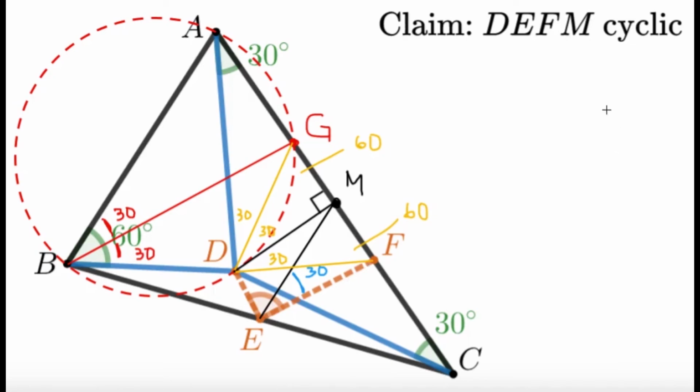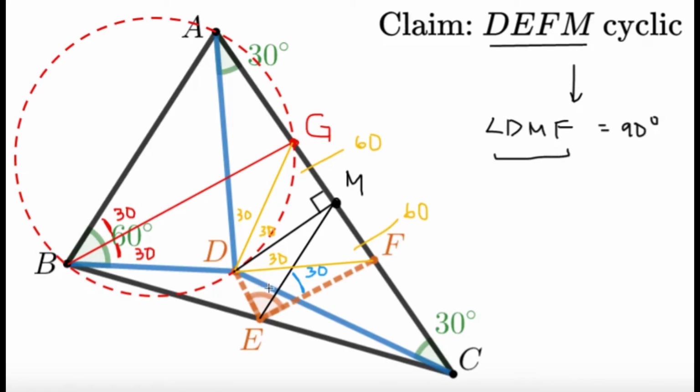With this, we're already done because since it's cyclic, we know that opposite angles will add up to 180 degrees. So now recall that DM is the perpendicular bisector of AC. So angle DMF is going to be equal to 90 degrees. Now, what's the angle opposite to angle DMF in quadrilateral DEFM?